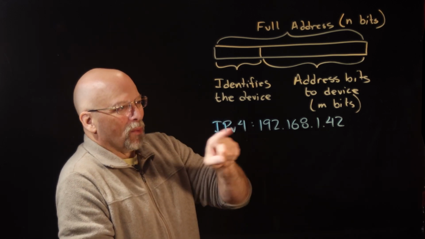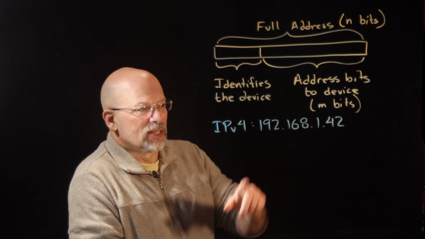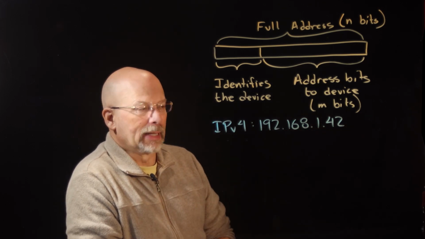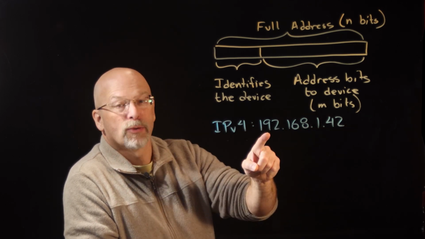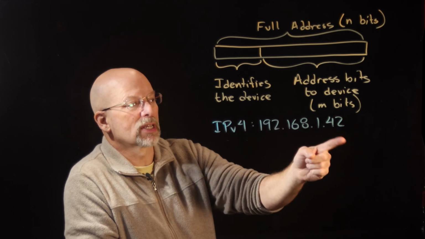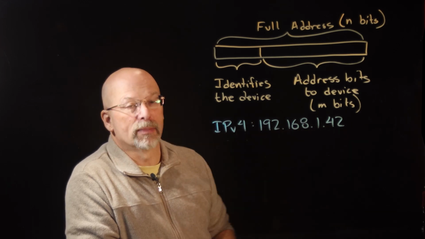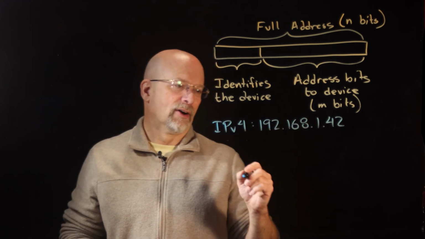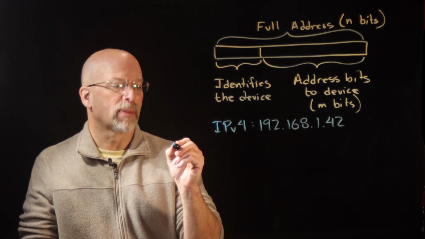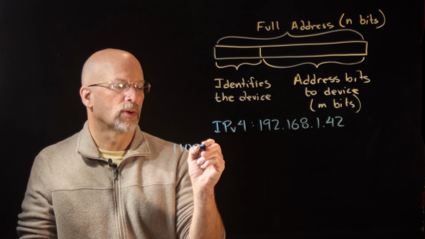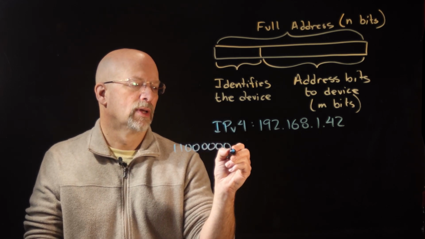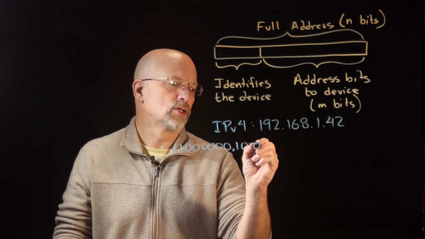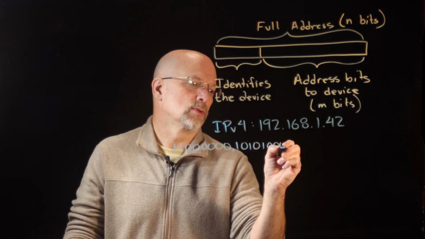Now, what this really is, is 4 decimal representations of 4 individual bytes. So there's 8 bits for 192, 8 bits for 168, 8 bits to represent 1, and 8 bits to represent 42. So if we convert this to binary, 192 in binary is 11000000, and then 168 is 10101000.